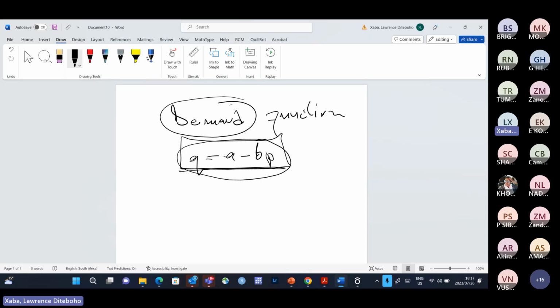What are we deriving? We're deriving price elasticity of demand.